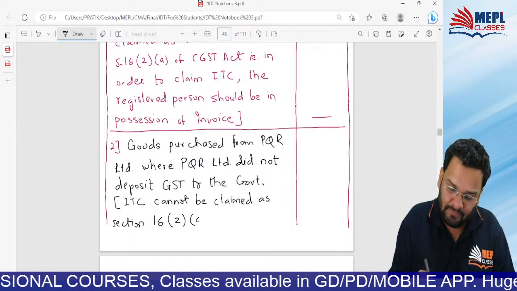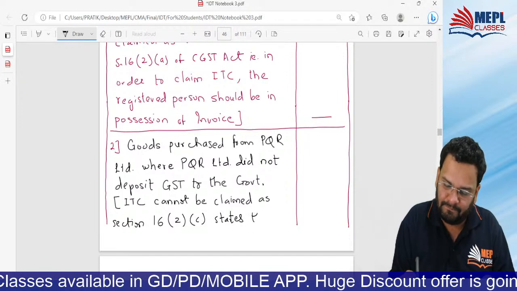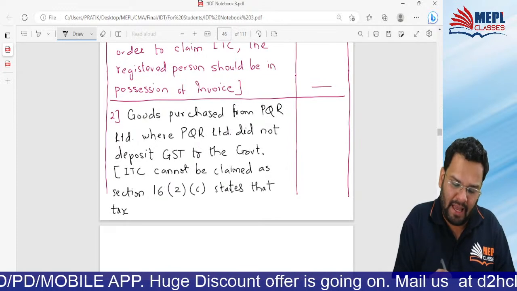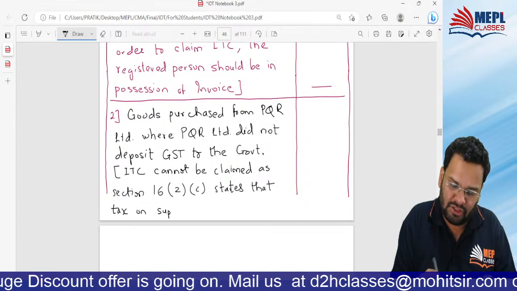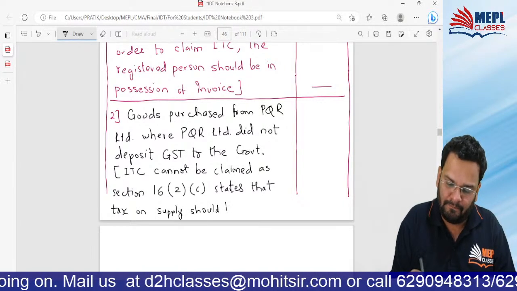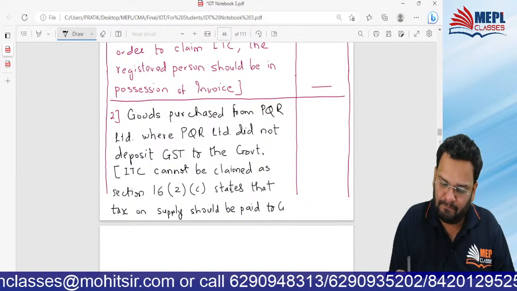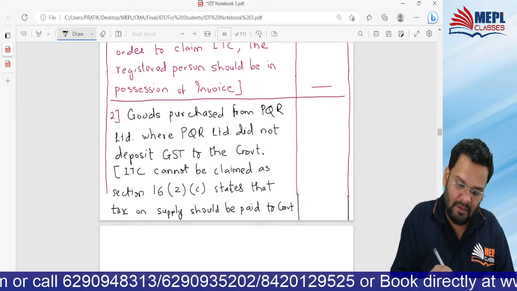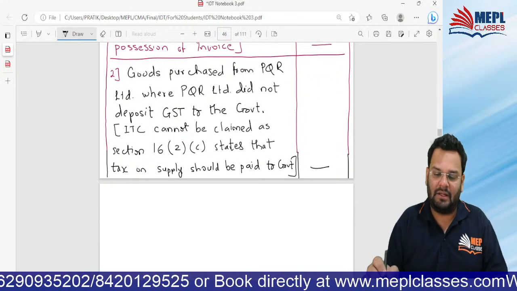Clause C states that tax on the supply should be paid to the government. Okay? Yes. So, please don't claim ITC.